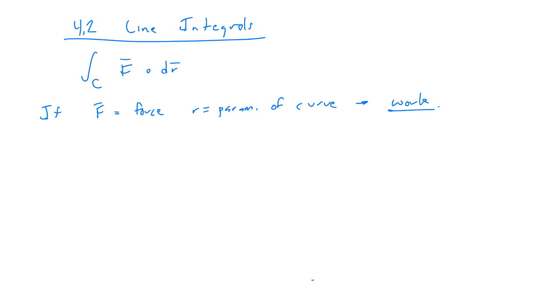So you can kind of see why it's defined this way, because we know from chapter 1 that work is equal to the dot product of force and the distance traveled. And here it's kind of the integral thing, which is, well, we can't assume that here because we're not going in a straight line. So we're going to break up the path into lots of little pieces, get the work on each of the little pieces and add them up. But you can see why it is defined as a dot product. So let me make it more specific.